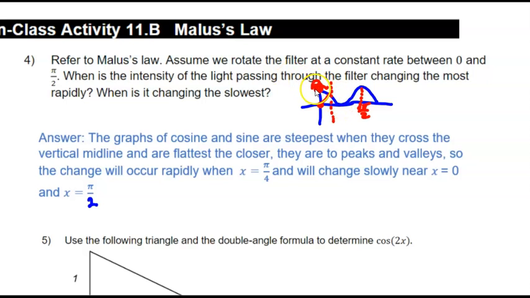So these are the peaks and these are the valleys. The change will occur rapidly when x is equal to pi on 4, which is 45 degrees, and change slowly when x is equal to 0 or pi on 2. So the change will occur slowly here, but it is going to occur fastest at this point as it descends.